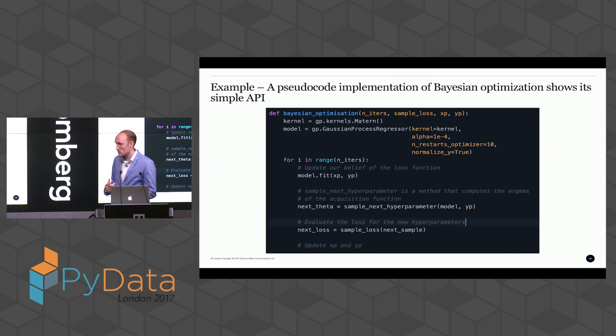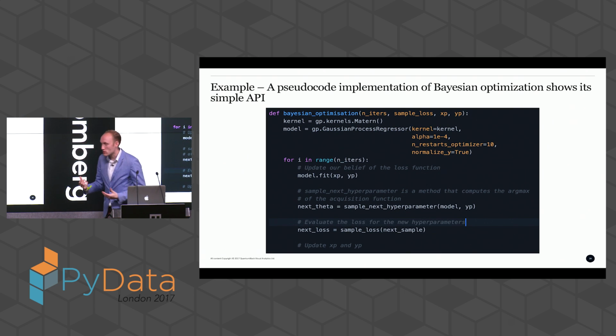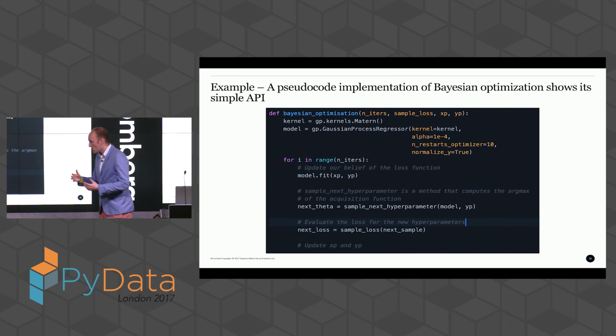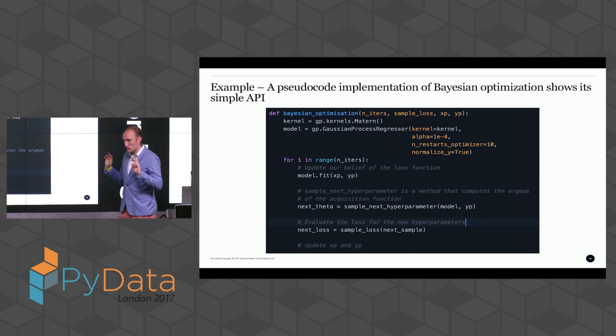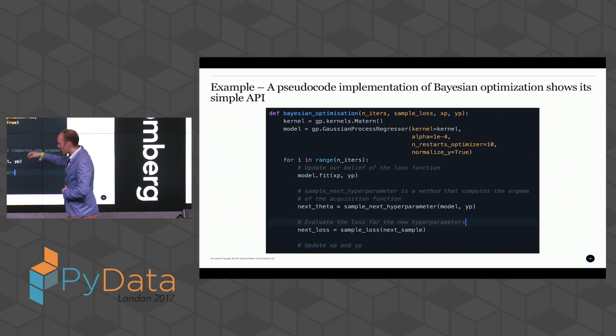And then the second step is the actual Bayesian optimization routine. Here again, you see the relatively, I don't want to say simple, but sort of clear API of this algorithm. You have your Gaussian process, which is the probability model of your function, and then the algorithm just iterates.